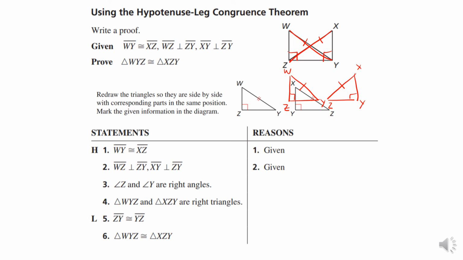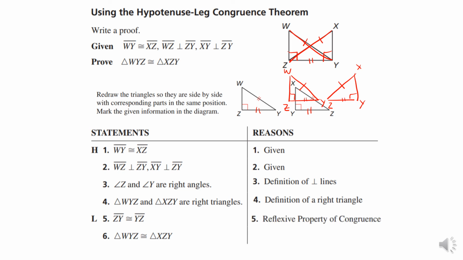By the definition of perpendicular lines. And that tells you that these are right triangles, definition of a right triangle. And then we're going to say ZY is equal to itself. ZY is equal to itself, and that would be the reflexive property.